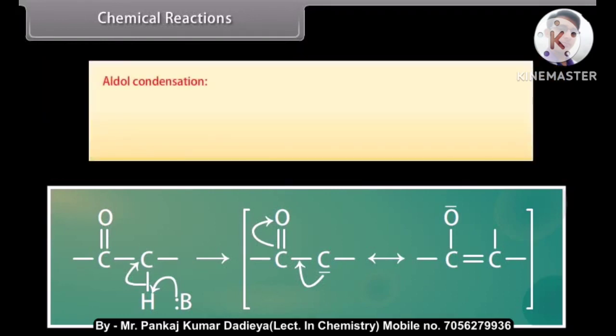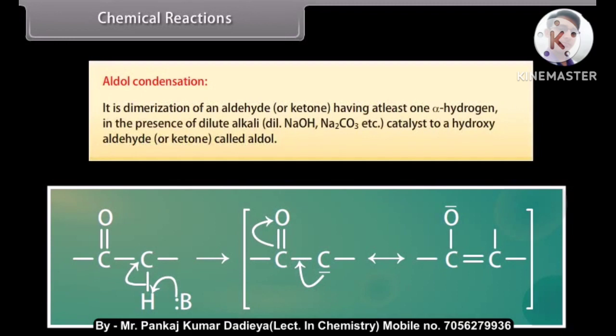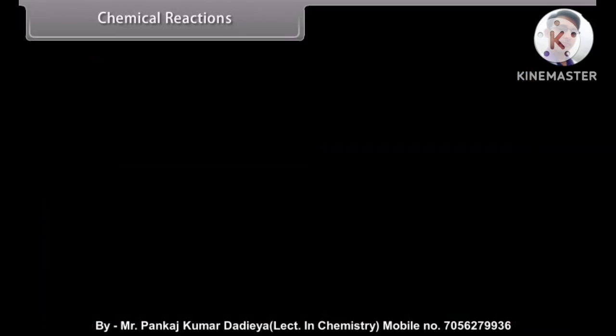Aldol condensation. It is dimerization of an aldehyde or ketone having at least one alpha hydrogen in the presence of dilute alkali such as dilute sodium hydroxide, sodium carbonate, etc., as catalyst to a hydroxy aldehyde or ketone called aldol.